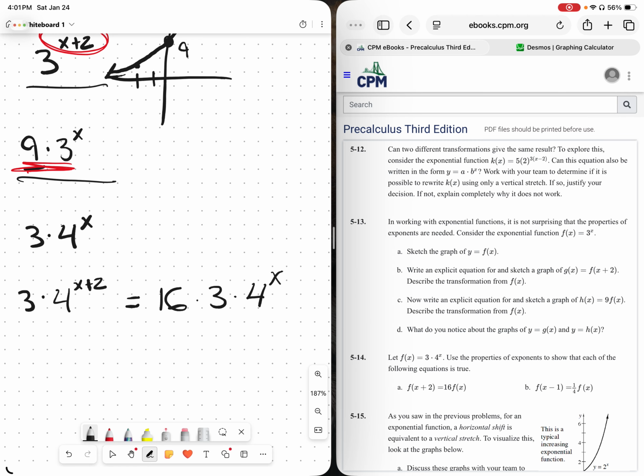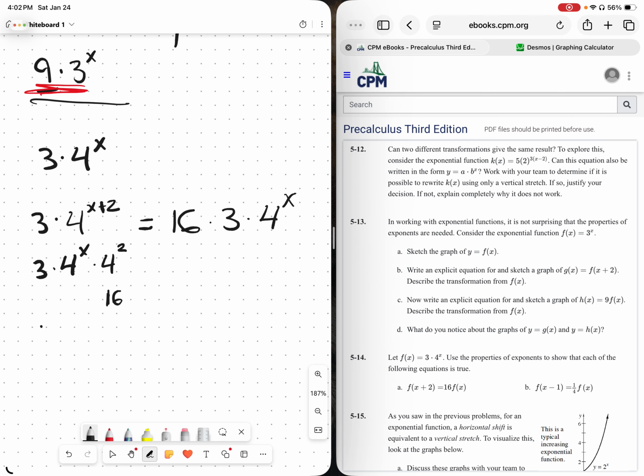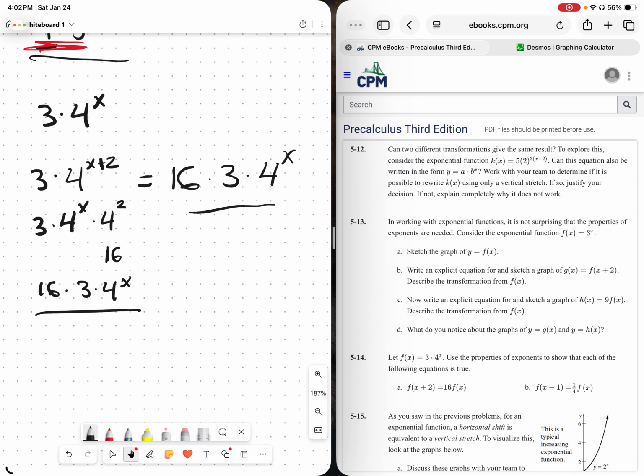Going through this, it's 3 times 4 to the x times 4 squared. Well, 4 squared is 16. So we already see we're going to end up getting the same thing: 16 times 3 times 4 to the x. So these are the same.